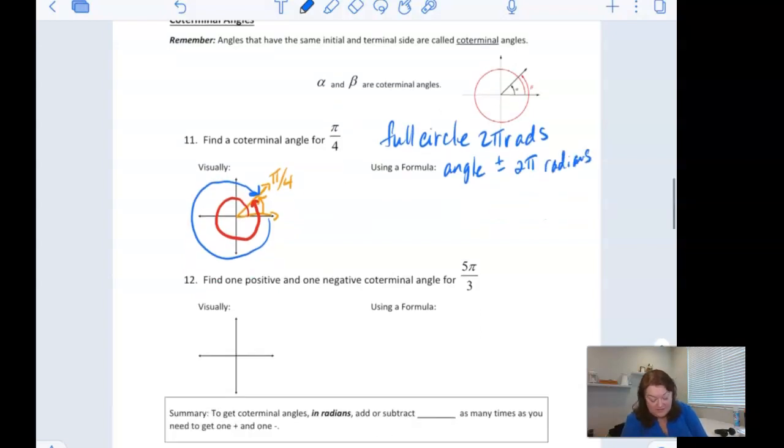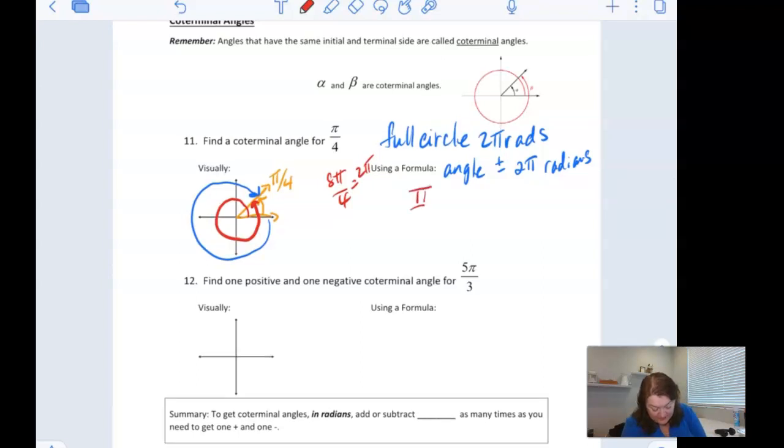So in our case, we have a pi over 4. So in a pi over 4, 8 pi over 4 would equal 2 pi. That's a full circle, right? So I'm really adding 8 pi over 4. So in this case, I'm going to be doing pi over 4 plus or minus 8 pi over 4 to get coterminal. And I can keep adding those.